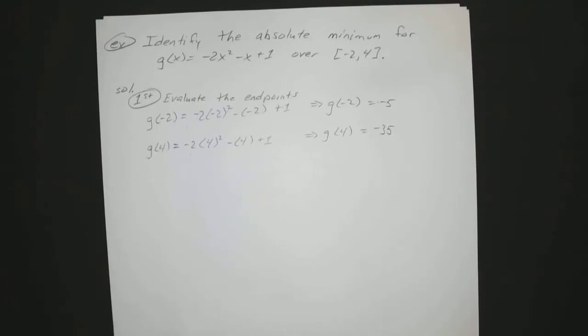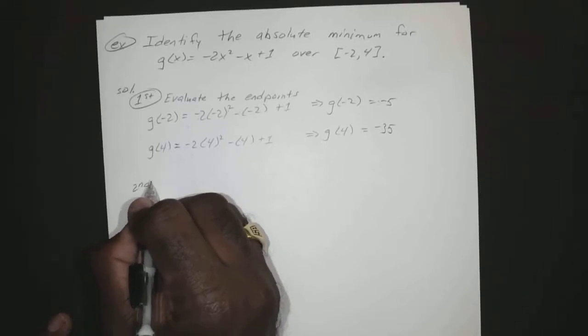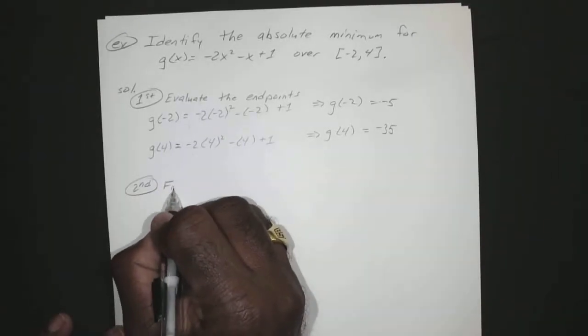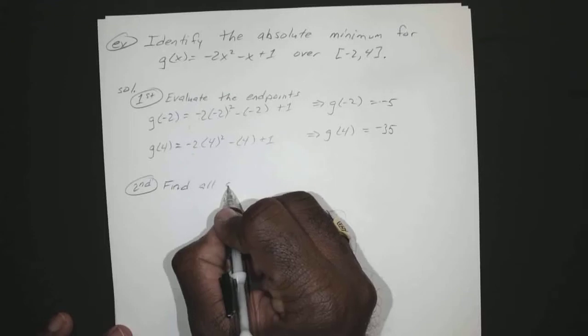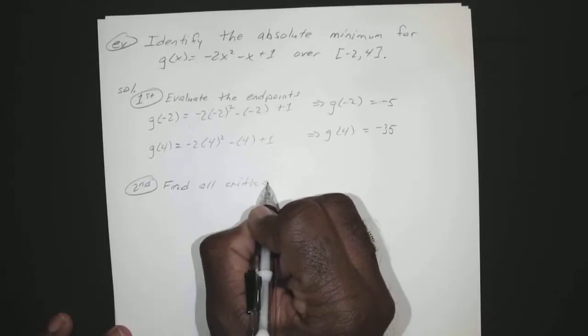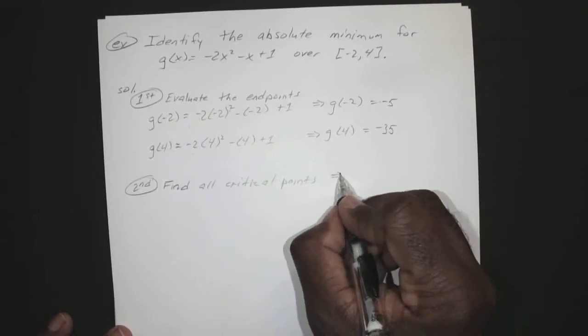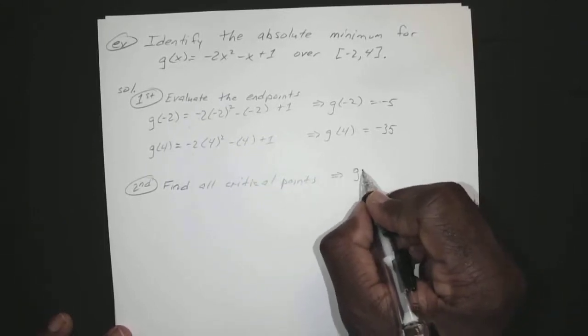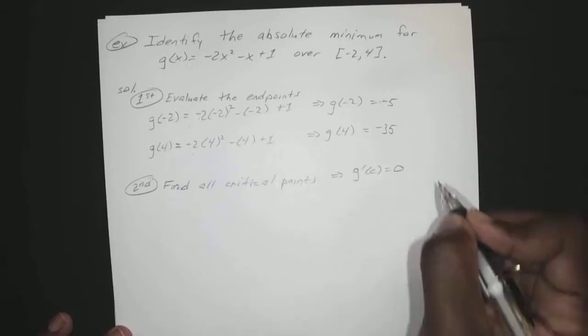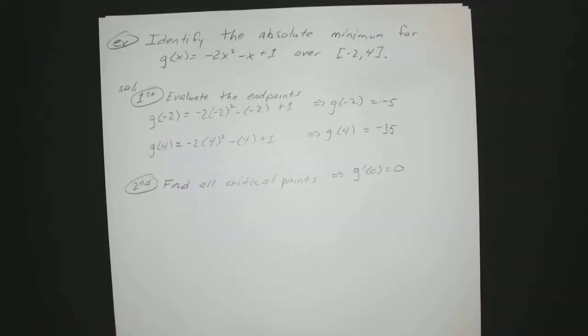Now your second step is you want to find every value that would make your slope equal to 0. We call those the critical points. So find all critical points, which is just where g prime of c equals 0. First we have to find g prime of c.